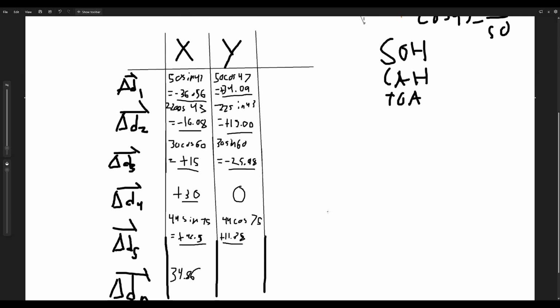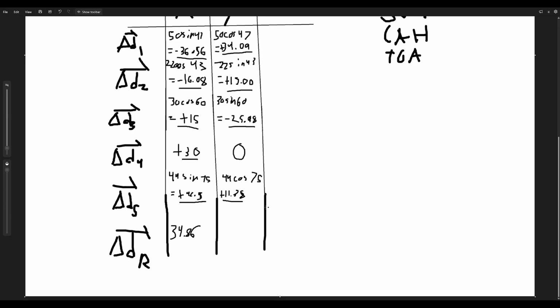Now for our y, we have positive 34.09 plus 15 minus 25.98 plus 11.38. And I get 34.49. So they're almost the same, but a slight difference.